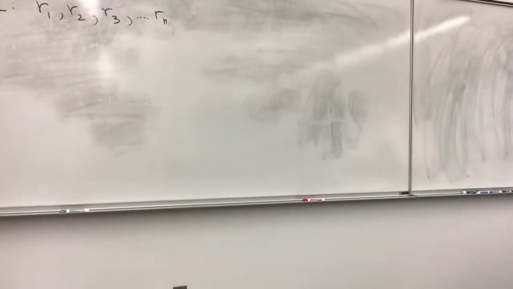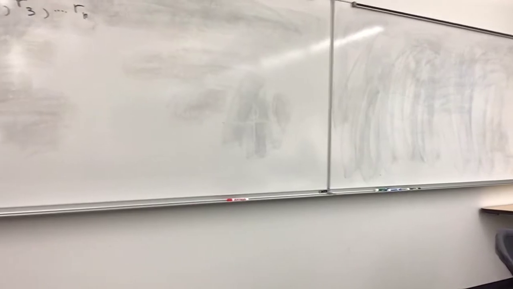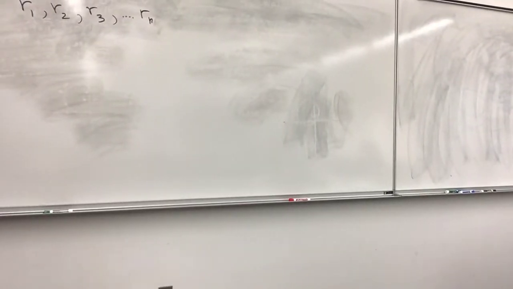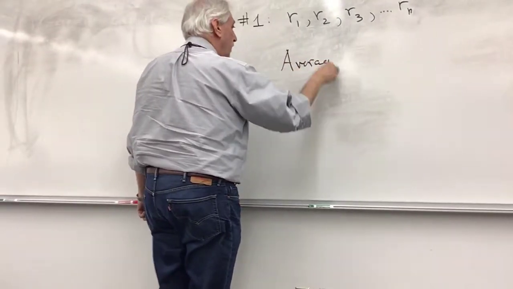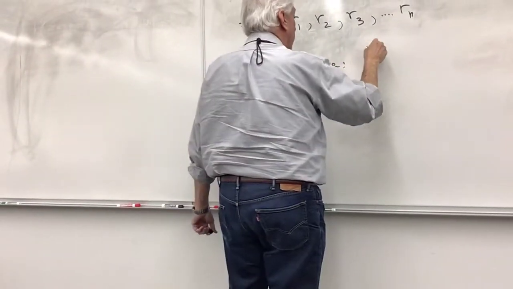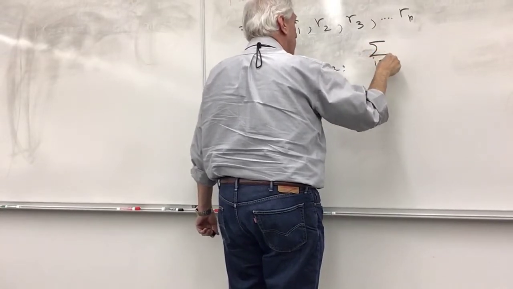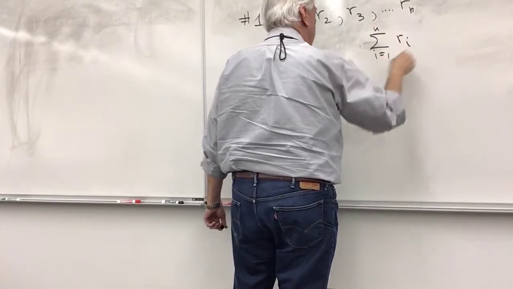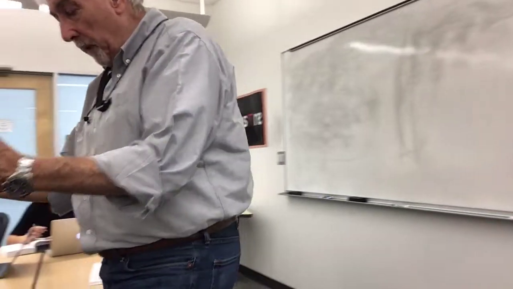And how would I take the average of those N real numbers? I would add them up. So the average is, I use grown-up notation, the sum from i equals 1 to N of the R sub i divided by N. So that's the average of these real numbers.